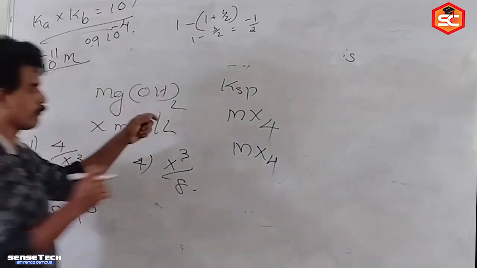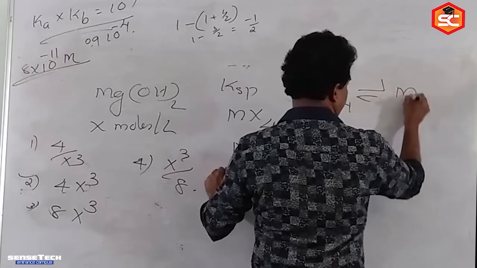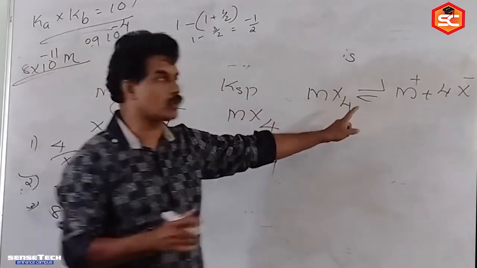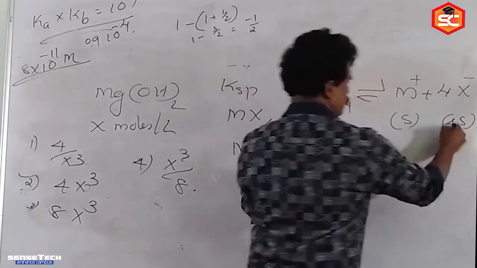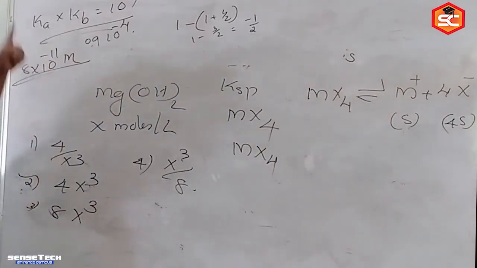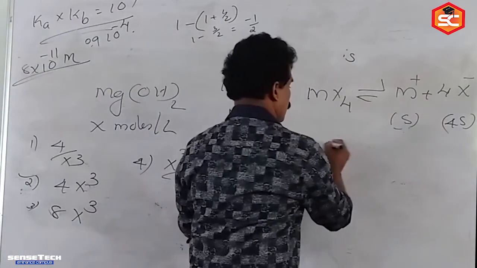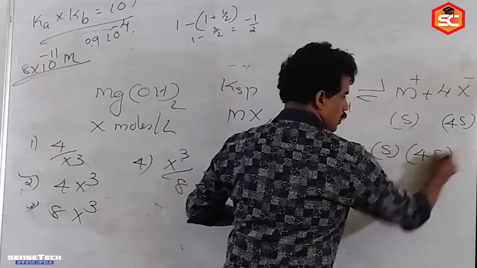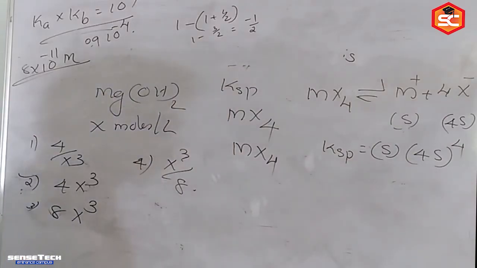First you write MX4 is ionized as M plus and 4X minus. If we take the solubility of M plus as s, then X minus is 4s. So you can correlate: Ksp is equal to s into 4s, the whole raised to 4. That is the way you will be getting the relation. Are you getting the answer now?